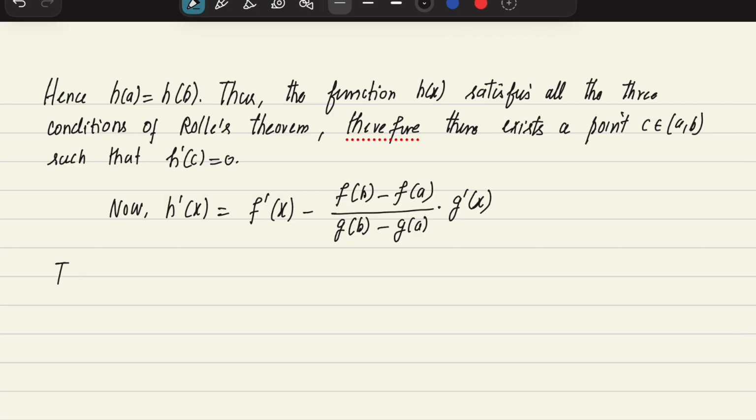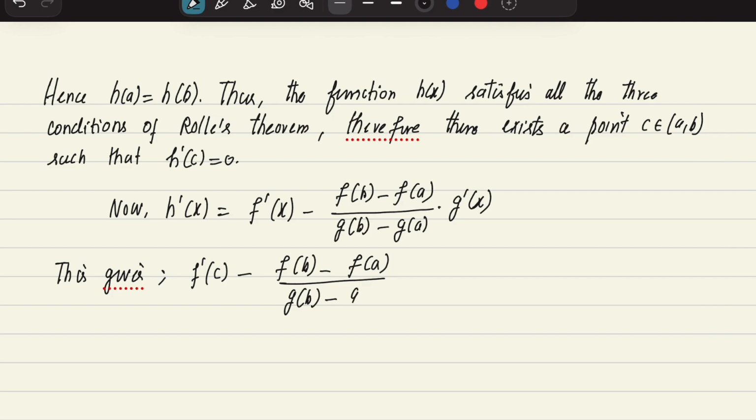So substituting c equal to x, we get f dash of c minus f of b minus f of a divided by g of b minus g of a into g dash of c. This is equal to 0.